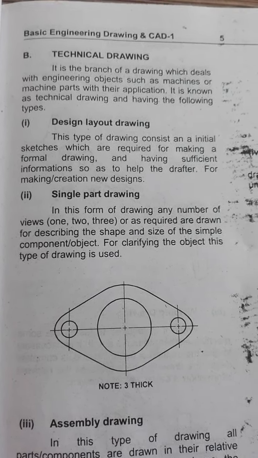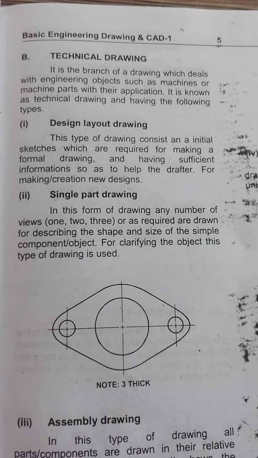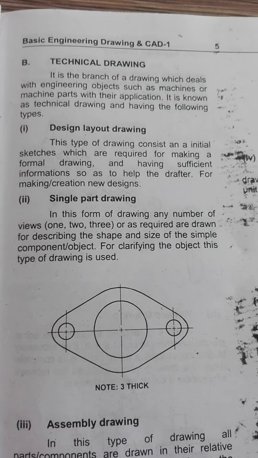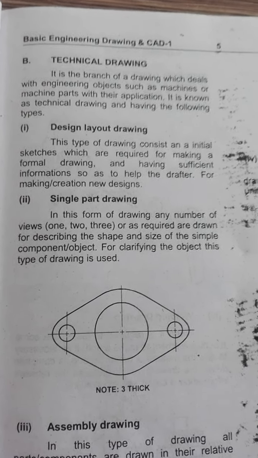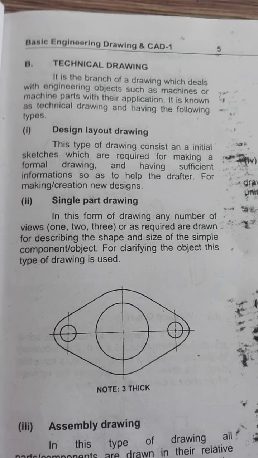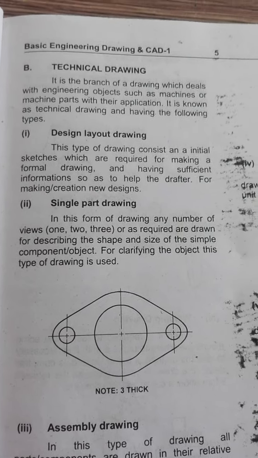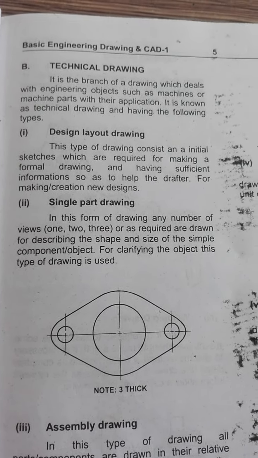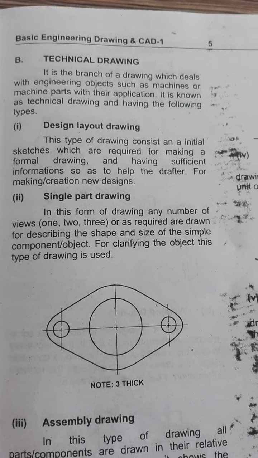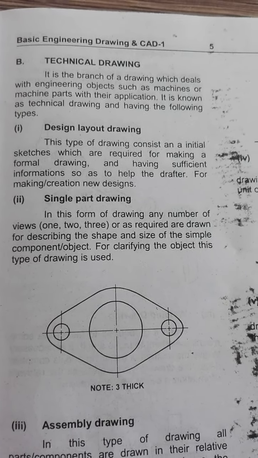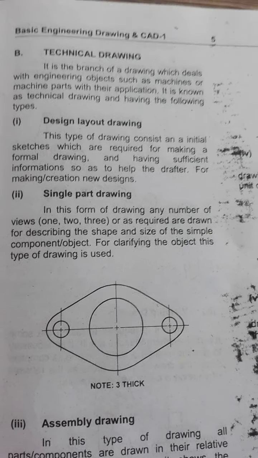So we have discussed four types now. The first was design layout. What is the design layout? It depends on sketches. After sketches, we decide which sketch is better, and we convert it into the formal drawing, which has all the information about any project, design, machine, or component.